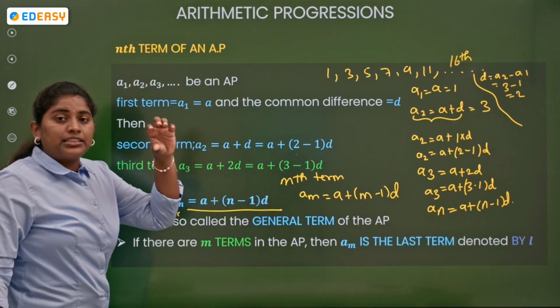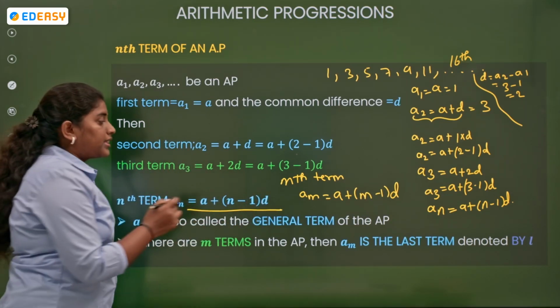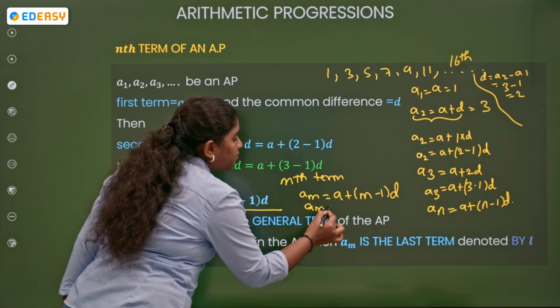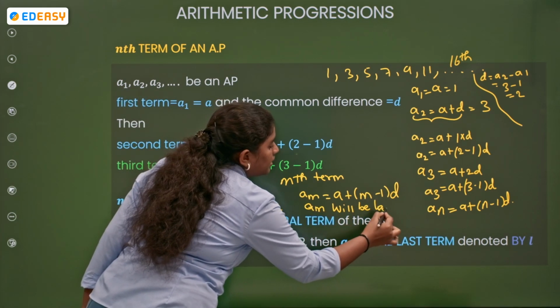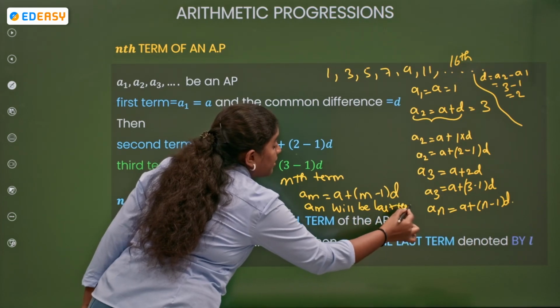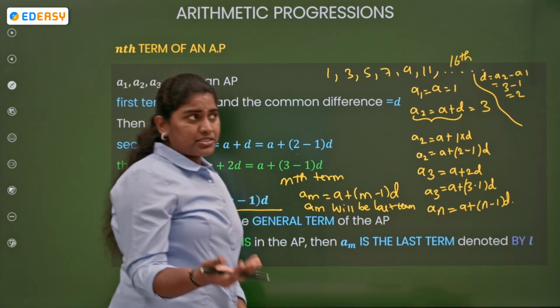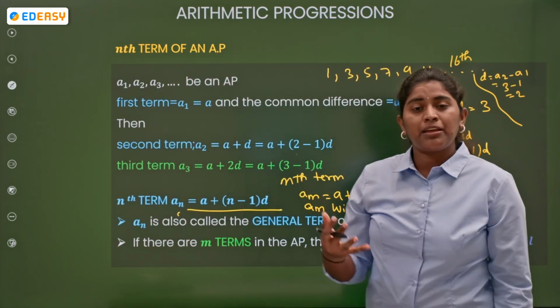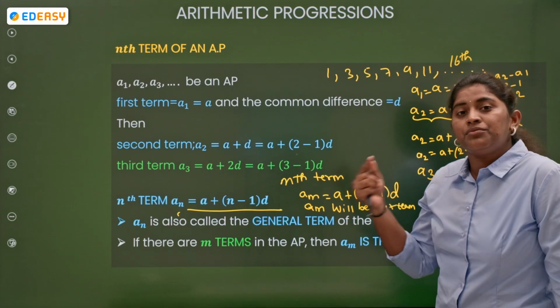And if the AP has only m terms, then am will become your last term. For suppose, if I have an AP with 20 terms, then what will my 20th term be?